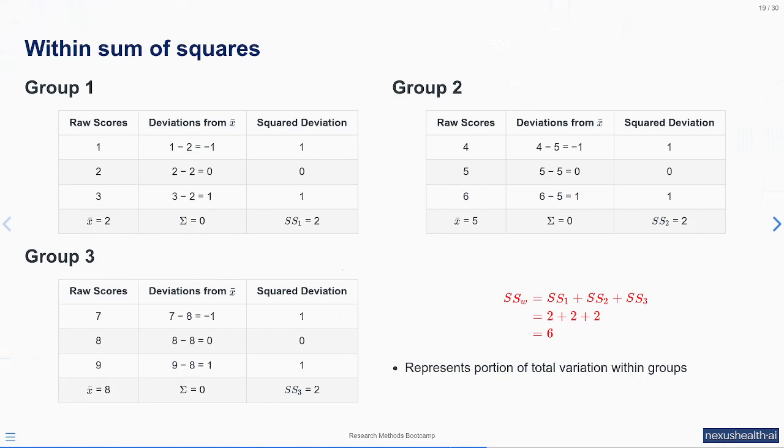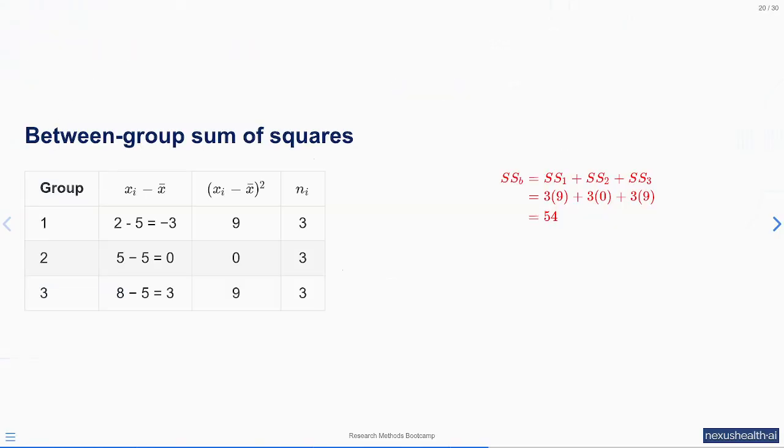And this represents for us the total variation within the groups. And so remember, we had said that the overall variation is given to us by summing the within groups variation plus the between groups variation. So we can now calculate the between group sum of squares. And the between group sum of squares is given to us like this.